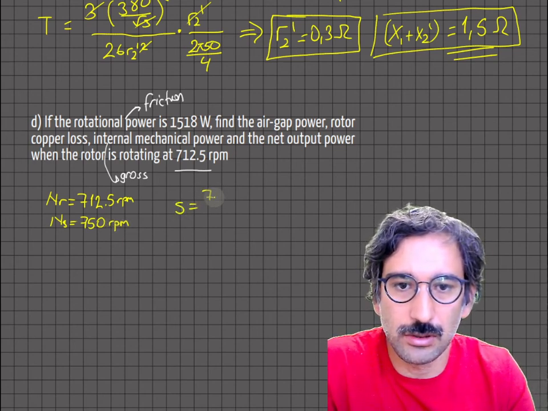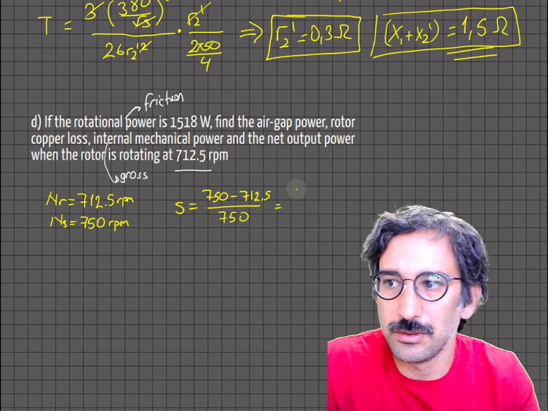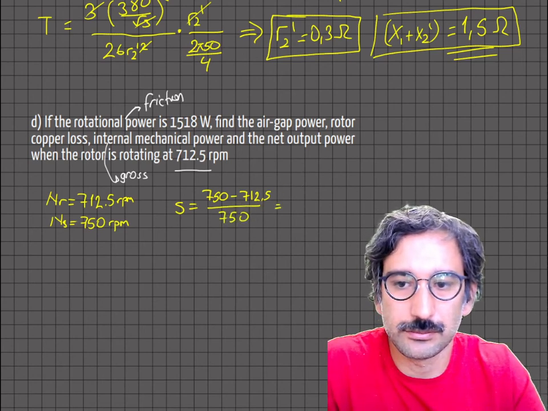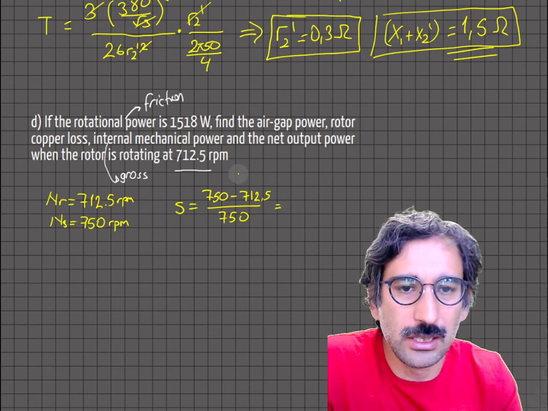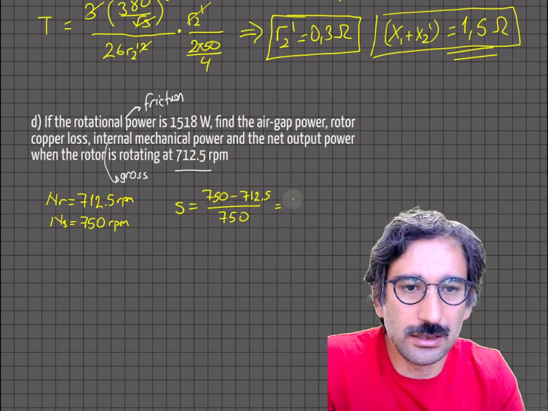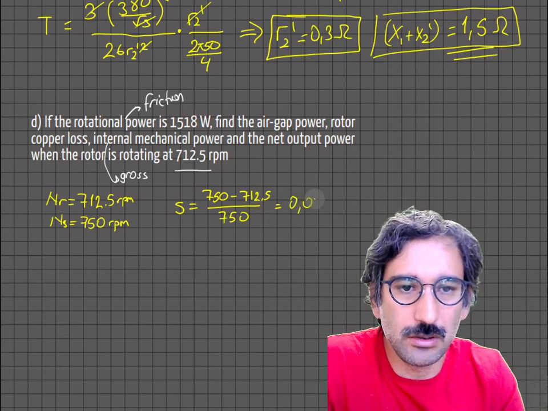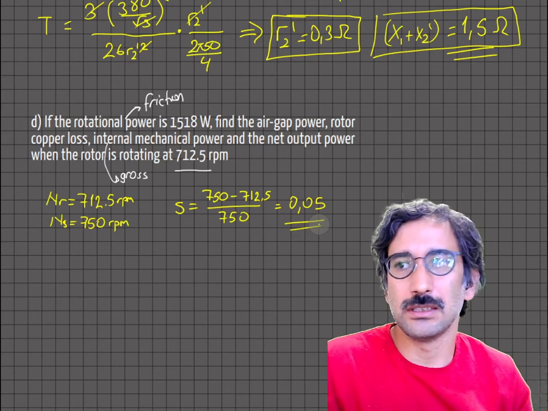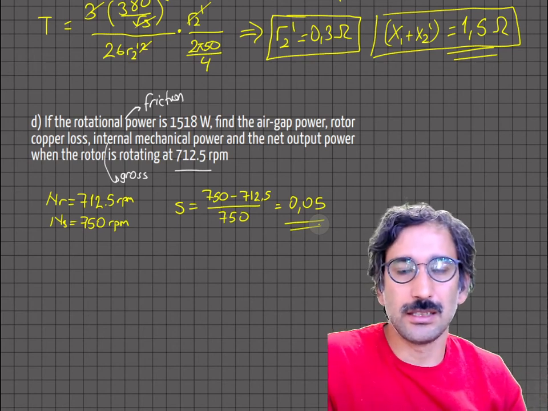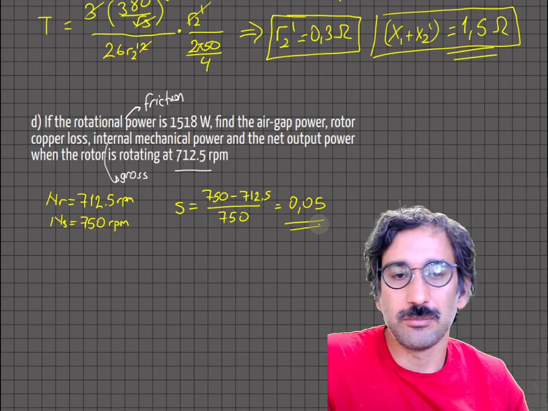It is the synchronous speed minus the rotor speed divided by 750. So this is 37.5 divided by 750, so this is 0.05. Again, it is realistic, it's like 5%.